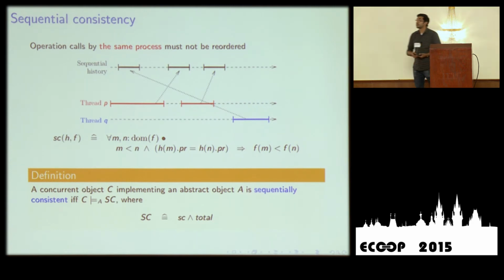Yes? What if P synchronizes with Q after its operation? The correctness condition doesn't have anything to do with synchronization. It basically gives you restrictions on when you can reorder operation calls.